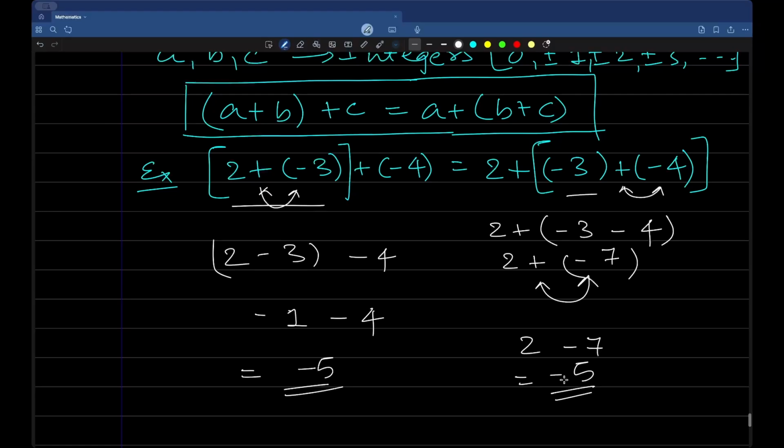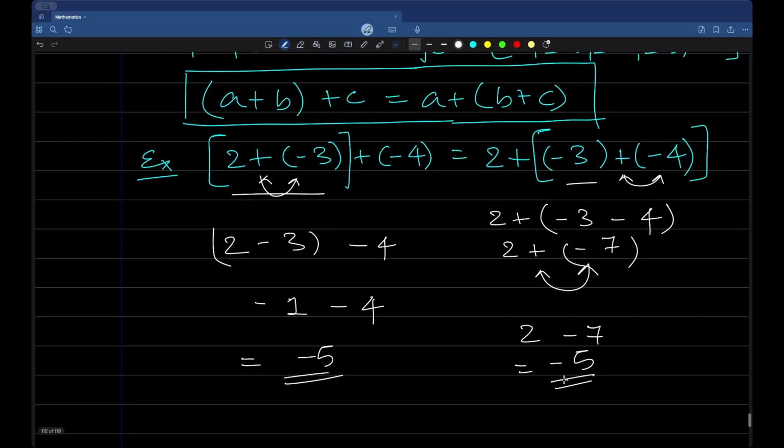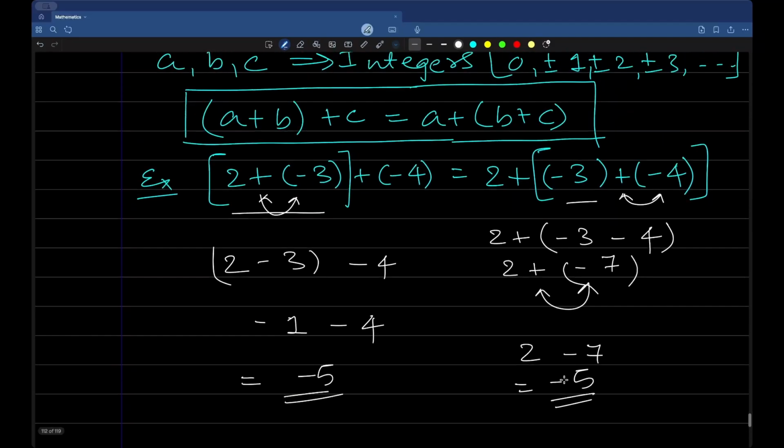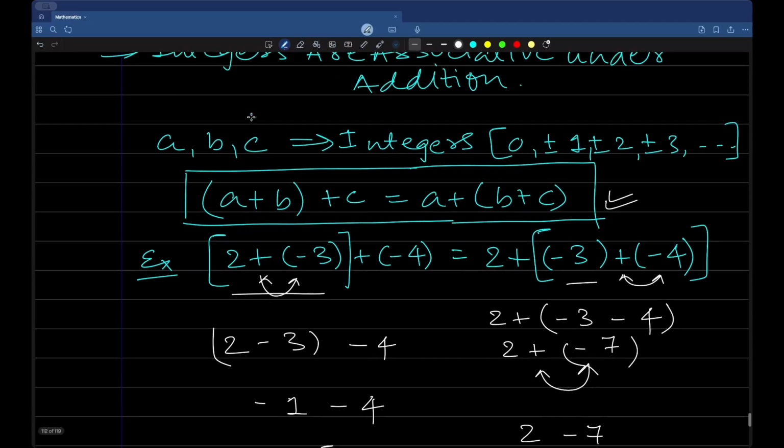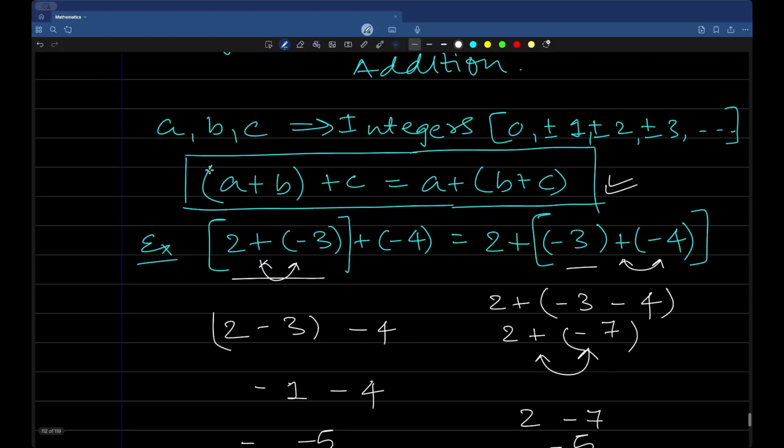We have discussed the addition and subtraction over integers in lecture number 1 in detail. So we can take any three integers a, b and c and this property will be satisfied. What we check in associative property is we are shifting the bracket and the final answer should not change.